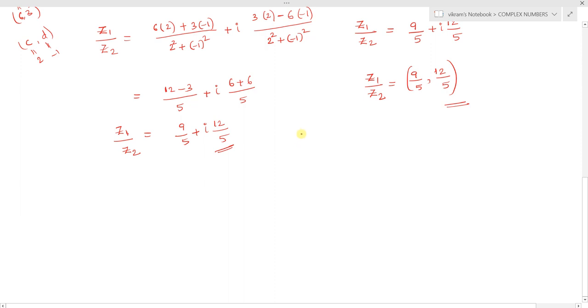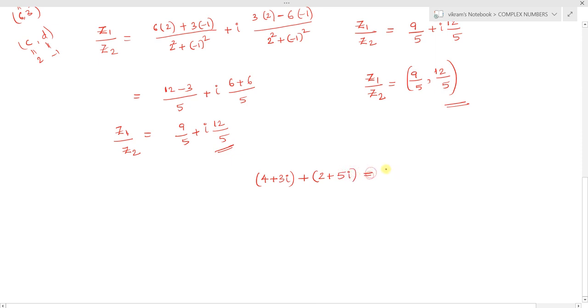Now here we learned all the mathematical operations on the complex numbers: addition, subtraction, multiplication and division. Let me consider 4 plus 3i as a complex number, and I am adding another complex number 2 plus 5i.